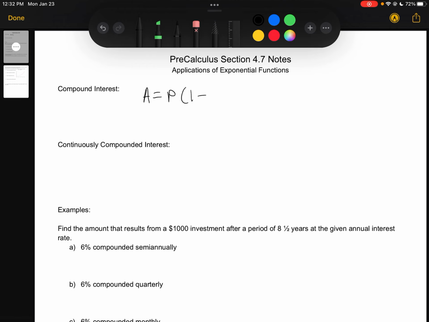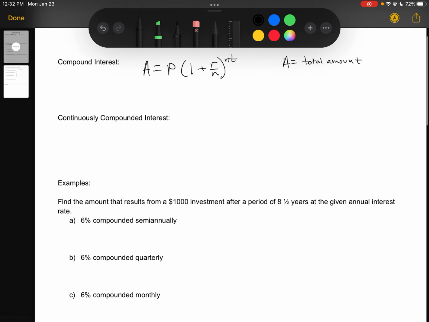So compound interest formula, start there. And then we're going to take each piece of this formula and break it down into what it means. So A is the total amount. This is what you get paid out. P is your initial investment.